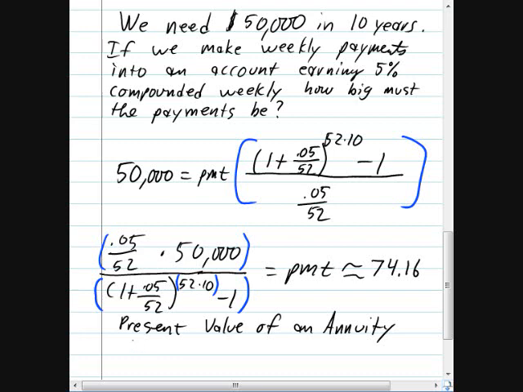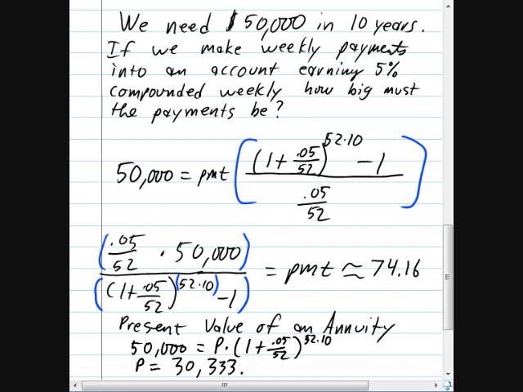We want the $50,000, but we want to generate it just by putting some lump sum of money in a compound interest account at 5% weekly for the next 10 years. And if you solve this for P, you'll find in this example that P is $30,333.82.